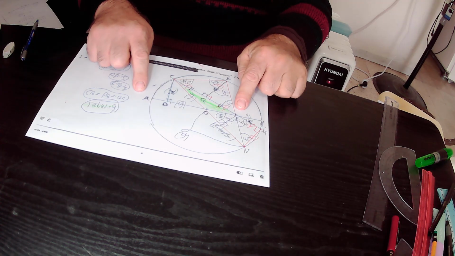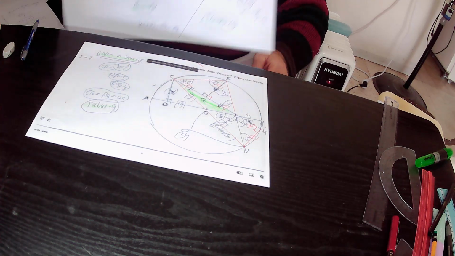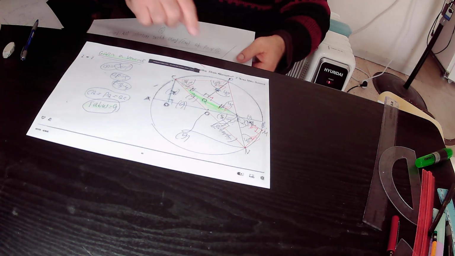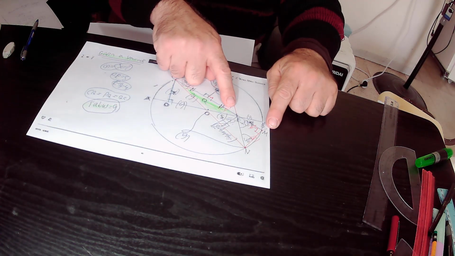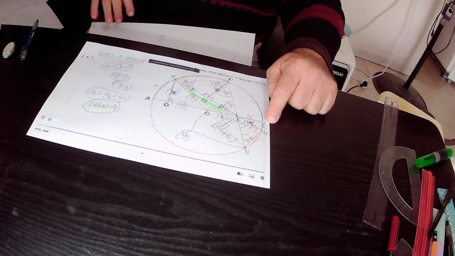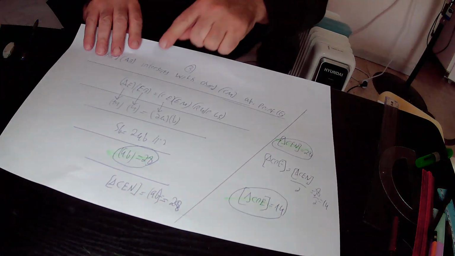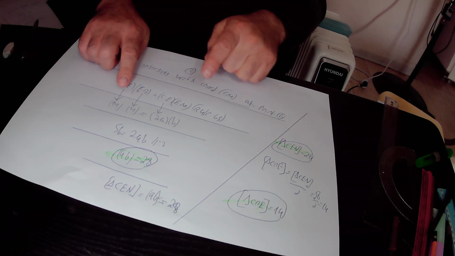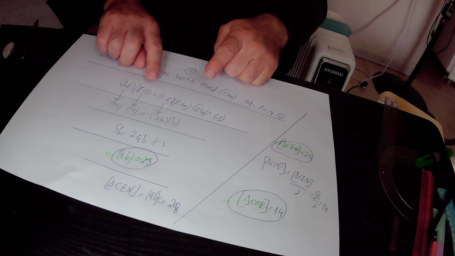AE equals AO, that is 9, plus OE, that is 5. 9 plus 5 is 14. So AE in total equals 14, times EB. EB equals 4 units according to what is given in the question. So EB is 4. So on this side of the equation we have 14 times 4, equals CE times EM.